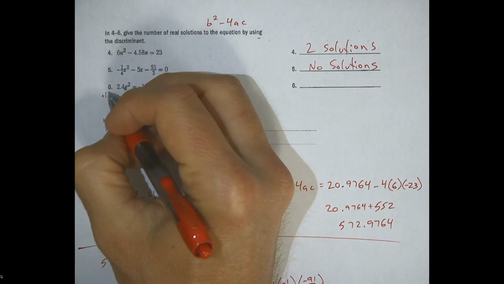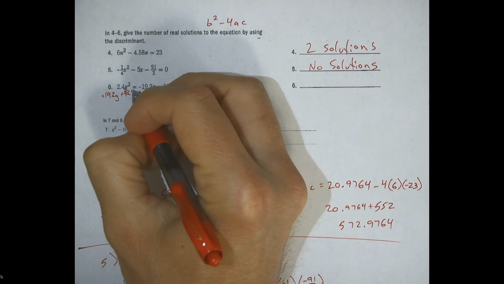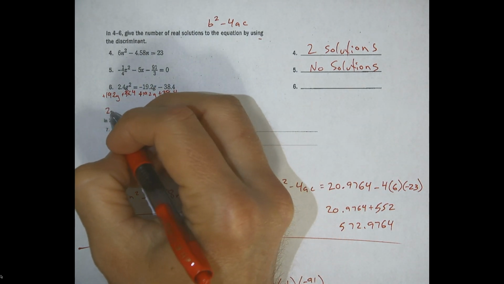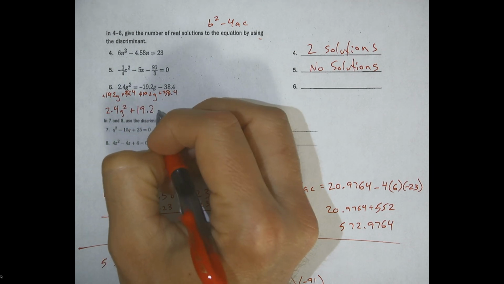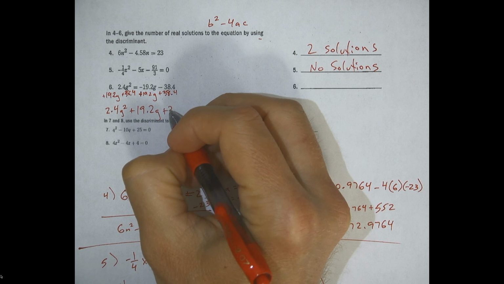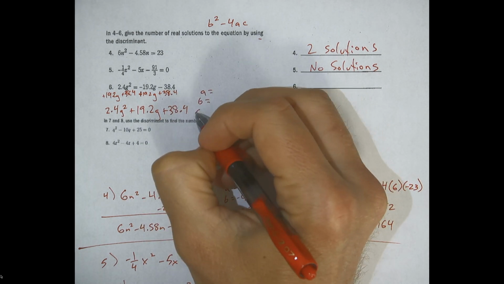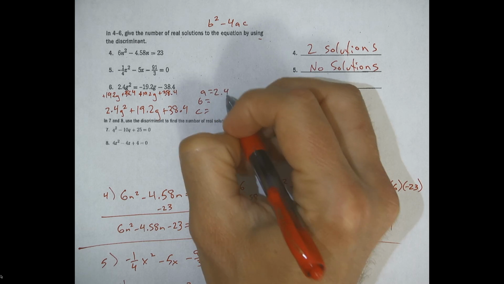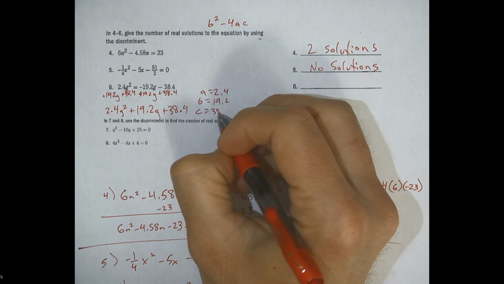So plus 19.2g plus 38.4. So the whole thing now is going to read 2.4g squared plus 19.2g plus 38.4. So A and B and C are 2.4, positive 19.2, and positive 38.4.